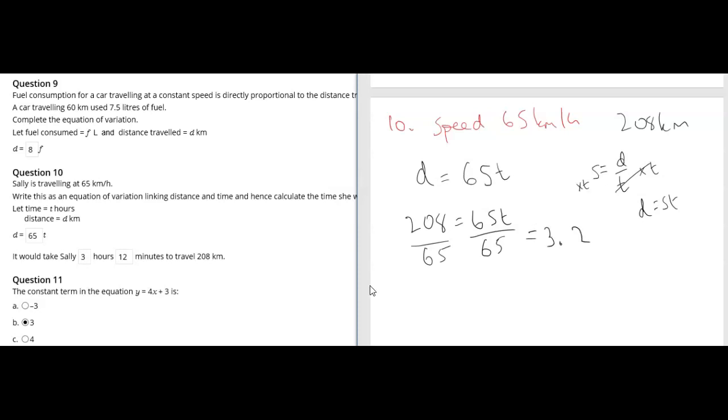And we're just going to convert that into hours and minutes. So we know the 3 will represent hours, and the 0.2, so we're just going to do 0.2 times 60, because there's 60 minutes in an hour. So 0.2 times 60 gives you 12. So it's going to be 3 hours and 12 minutes.